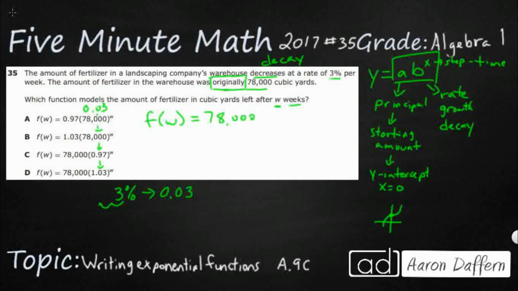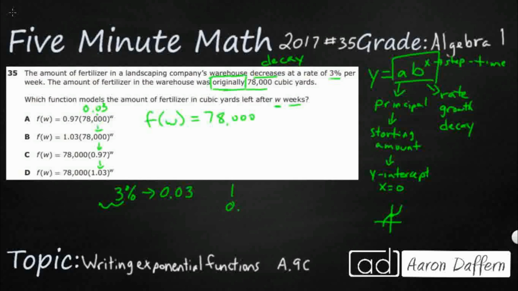But the reason why we don't just simply put that 0.03 in there is because that would just give us the percent or the amount decreasing, but it would not give us a total. So the total amount is going to be one whole, 100% of that 78,000. It's decreasing at 0.03 each time.